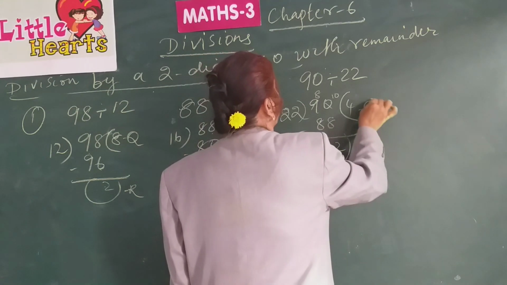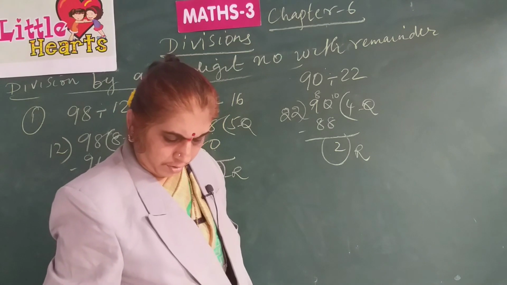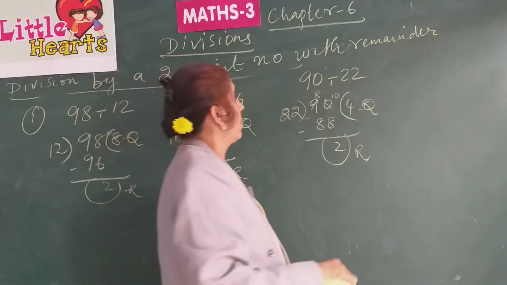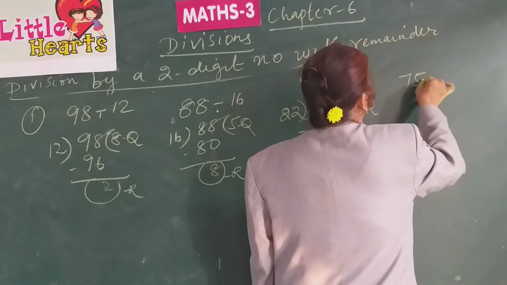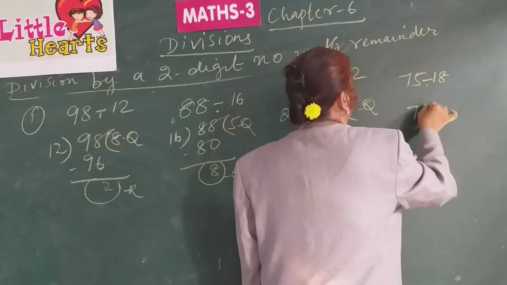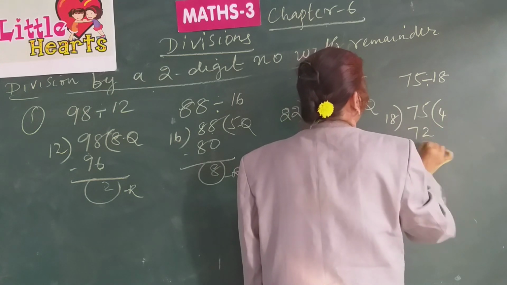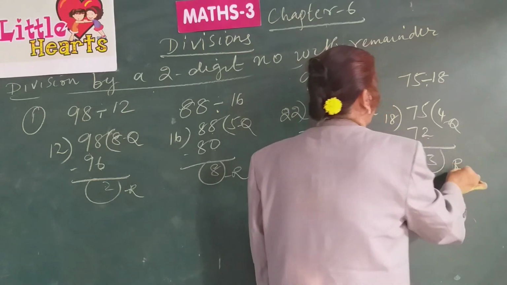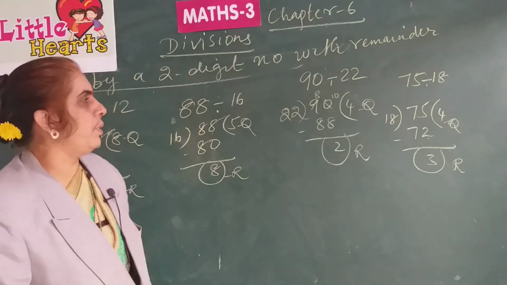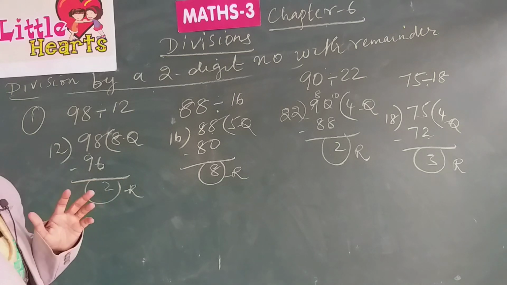This is the quotient and this is the remainder. 75 divided by 18. 18 fours are 72. 75 minus 72 is 3. This is the quotient and this is the remainder. In this way, a 2-digit number can be divided by a 2-digit number with remainder.